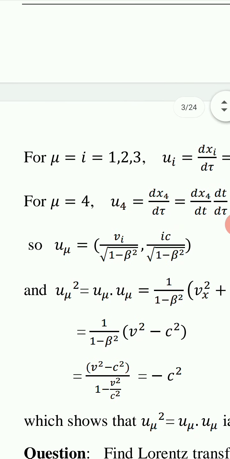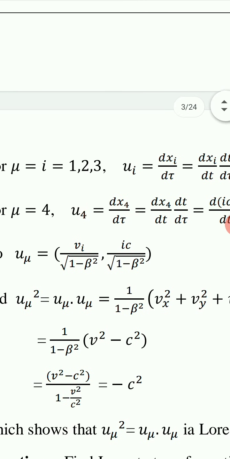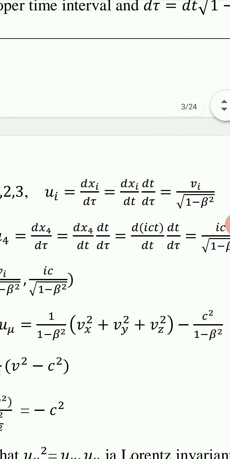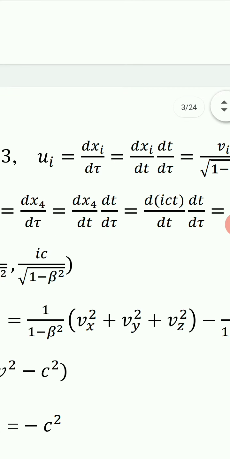The fourth component is for mu equal to 4. We have u4 equal to dx4 upon d tau, which can be written as dx4 upon dt into dt upon d tau.